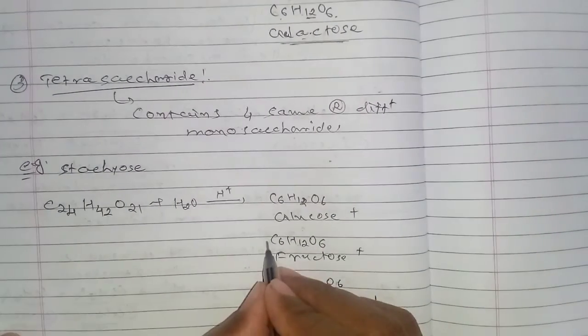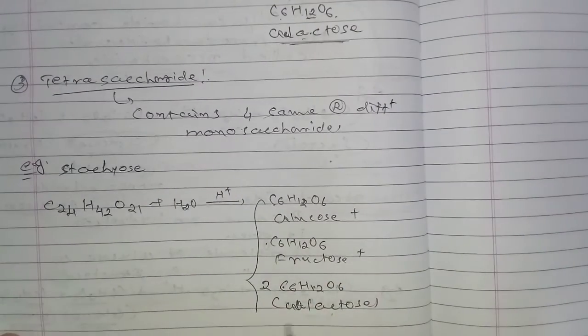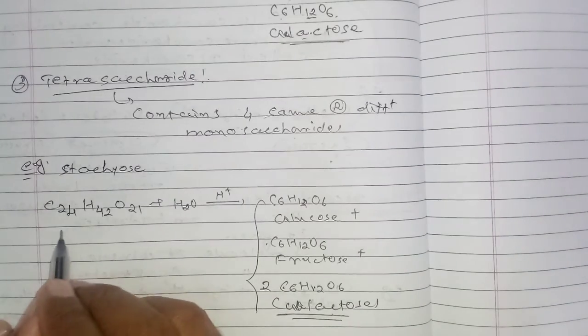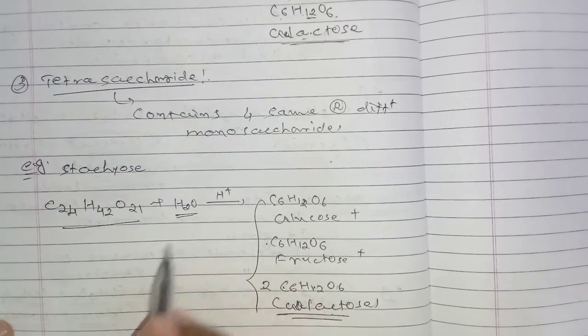So 2, 3 and 4, 4 units of monosaccharide are produced. Stachyose on hydrolysis.